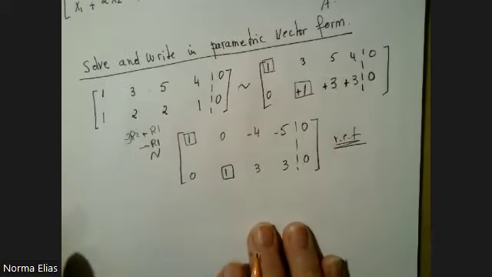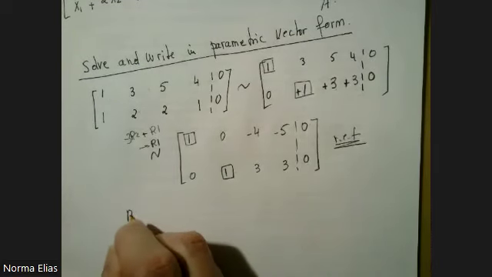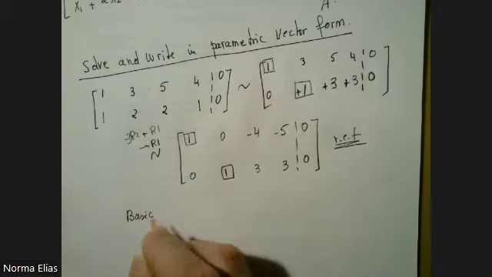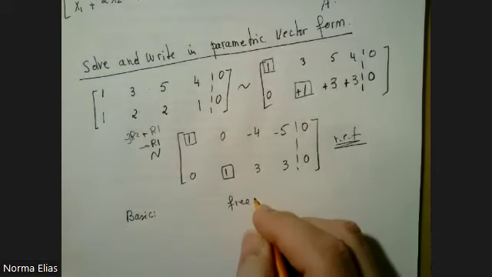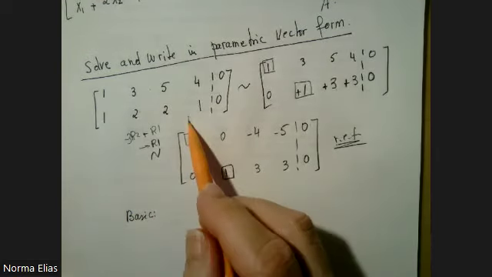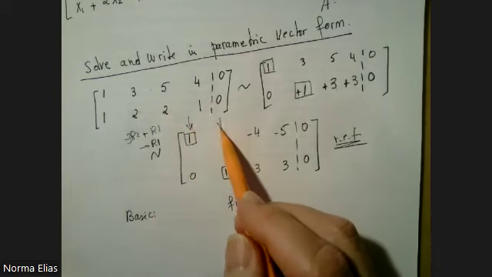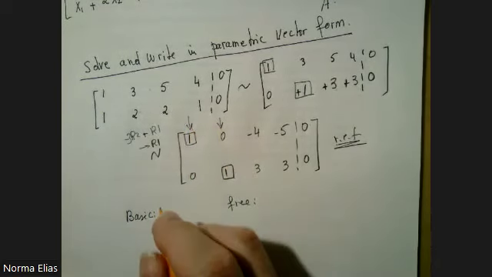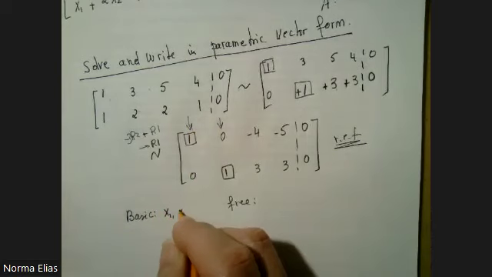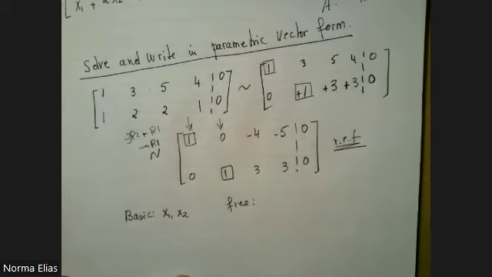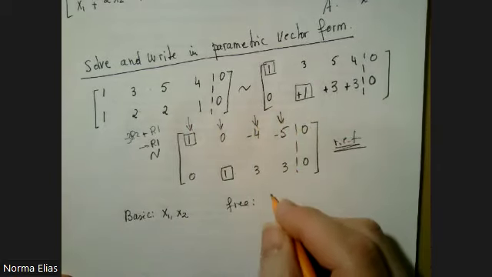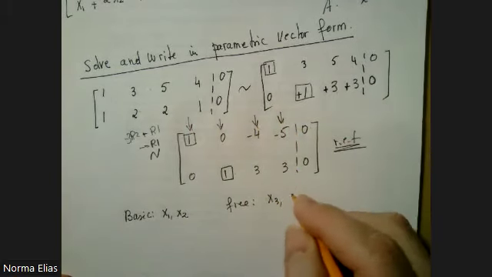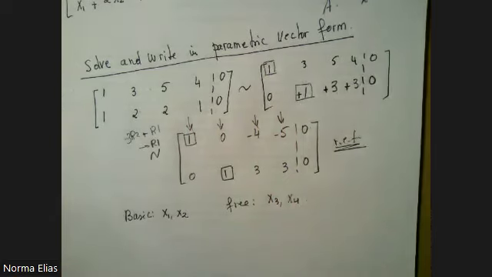All right, so now let us analyze basic and free. The basic variables are the ones that correspond to the columns with leading entries. Basic: x1, x2. Free: x3 and x4.